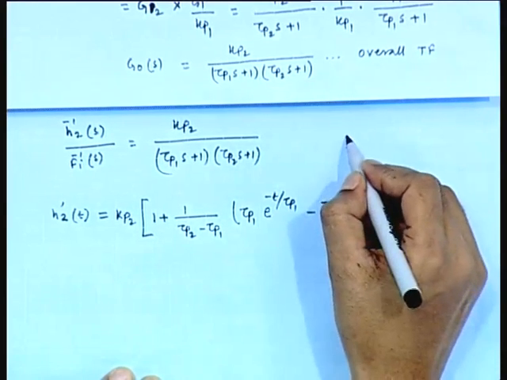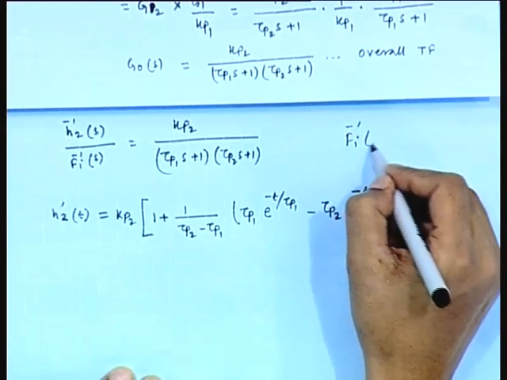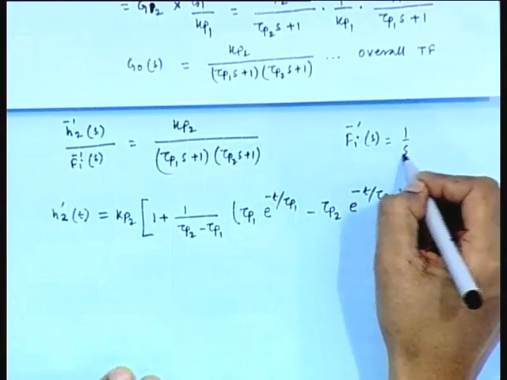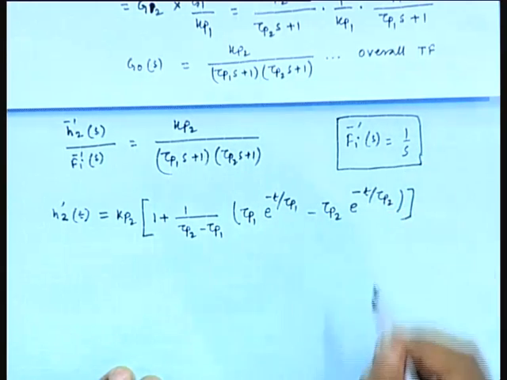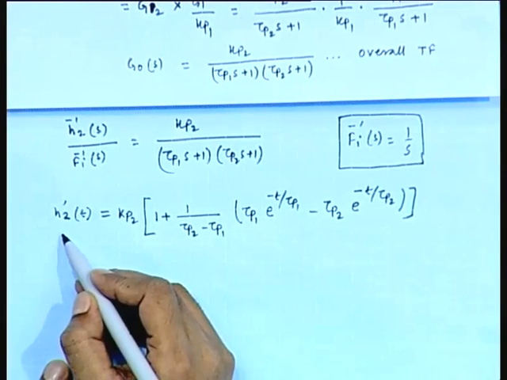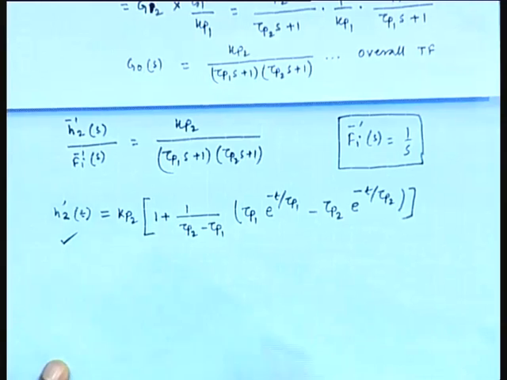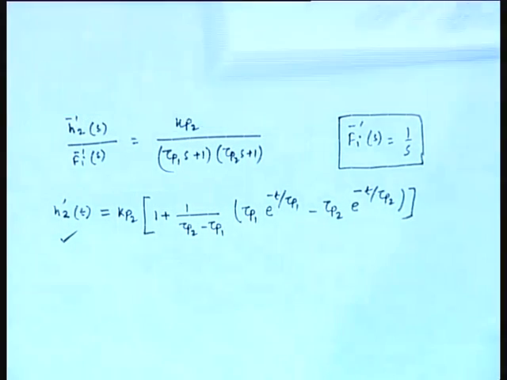Considering a unit step change in Fi bar prime S, I mean Fi bar prime S equals 1 by S, and taking inverse of Laplace transform, we get the expression of output H2 in time domain like this. Fine.